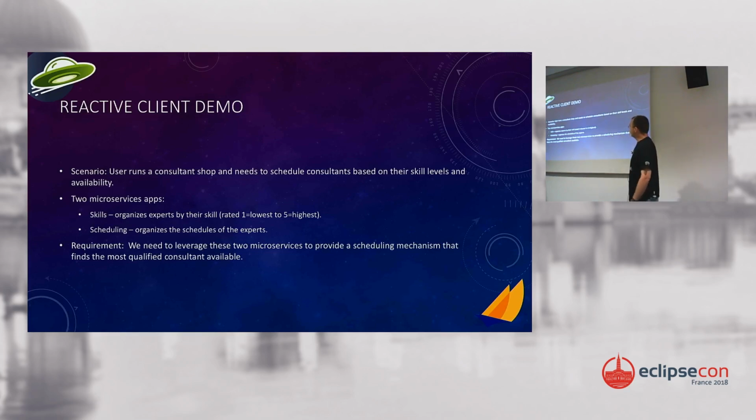We also have a scheduling service that keeps track of when a particular consultant is deployed on assignment and to which customer. What we want to do now is make it easier to find the most qualified experts, so that when a customer request comes in for a consultant at a certain date and time, we can schedule and book them appropriately.